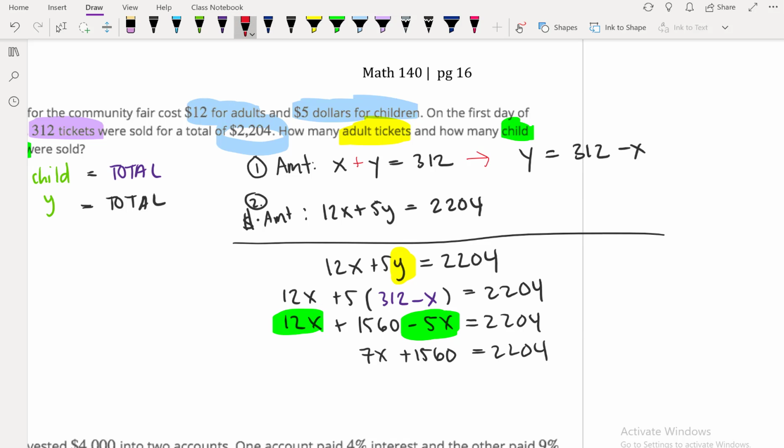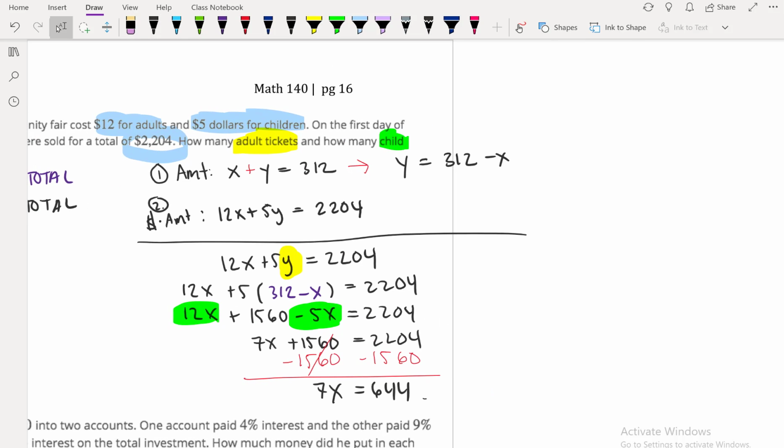So now I'm going to subtract 1560 from both sides. So that 7x is equal to 2204 minus 1560, which is 644. So I have 7x is equal to 644.